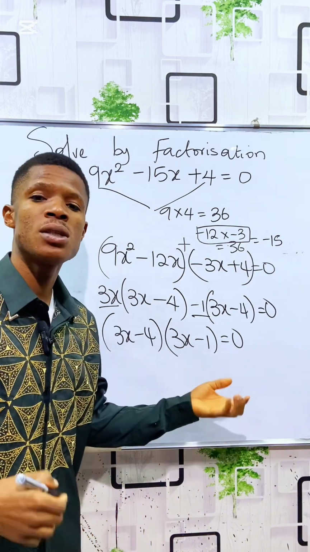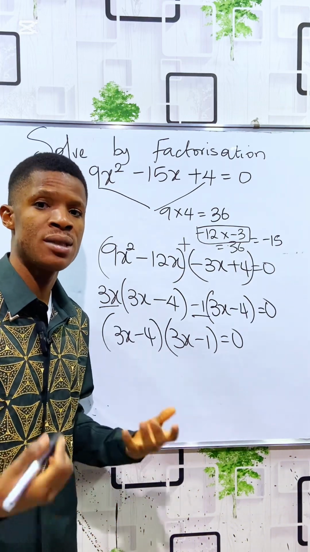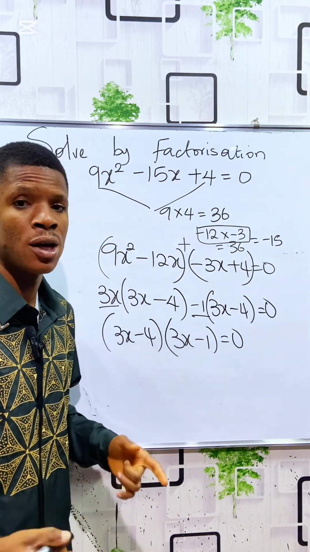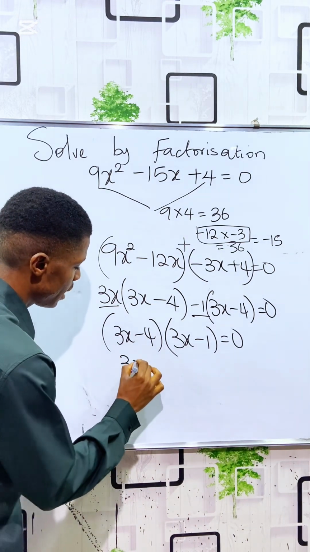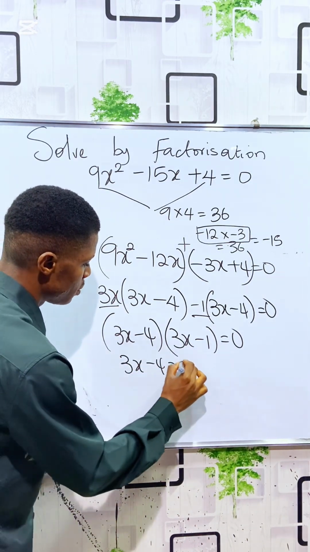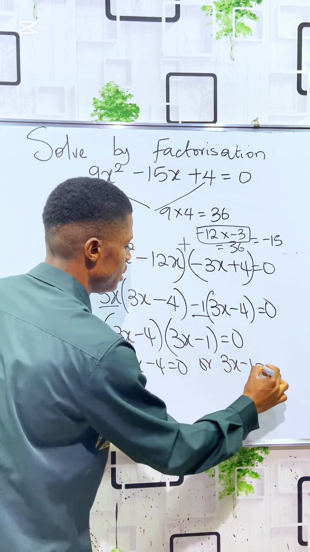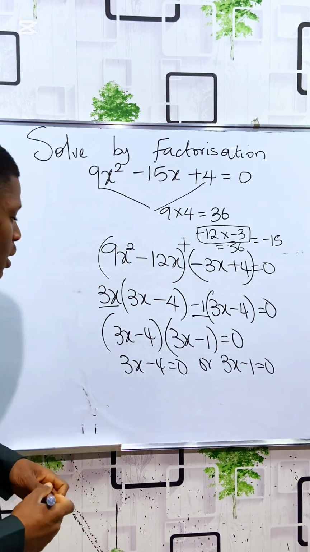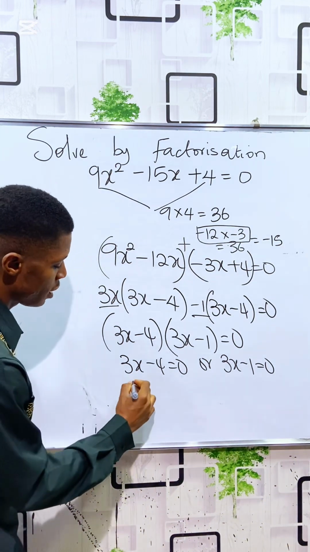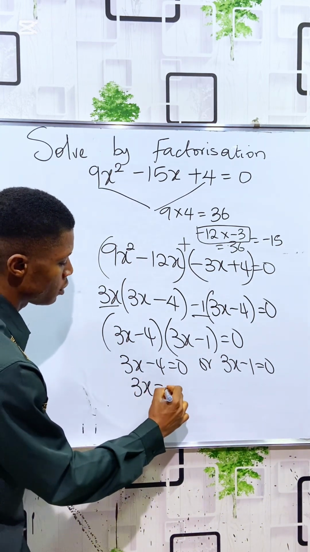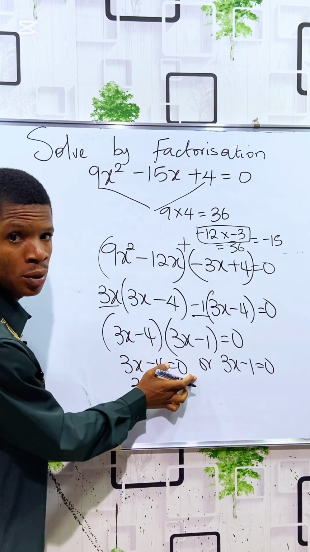Since two things multiply to give us 0, one of them is 0 or both of them are zero. So we have 3x minus 4 equals 0, or 3x minus 1 equals 0. If 3x minus 4 is 0, then 3x is equal to 4 when we add 4 to both sides.